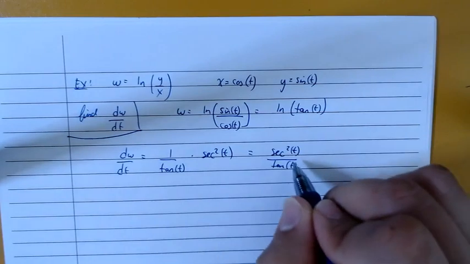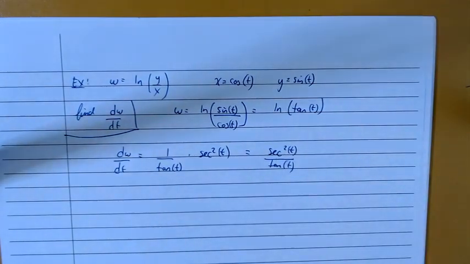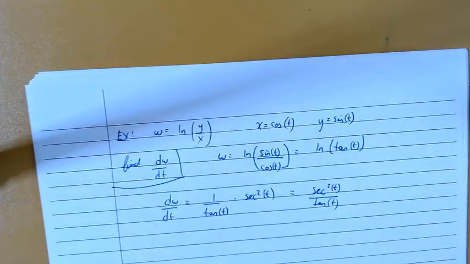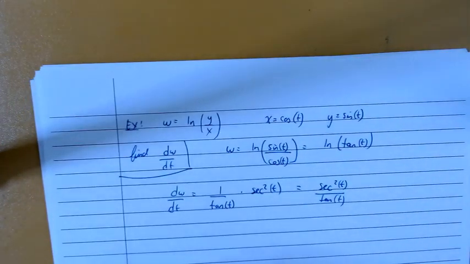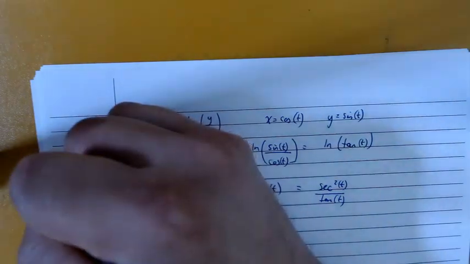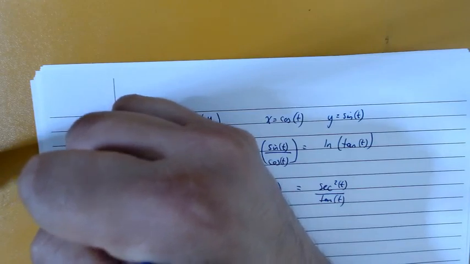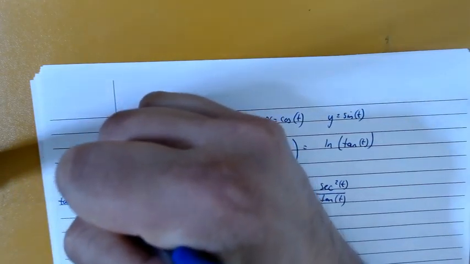Okay. Now, secant squared of t, that's one part of the Pythagorean identity. Remember, the Pythagorean identity is sine squared plus cosine squared of theta is equal to 1. An alternate version of that was tangent squared of theta plus 1 equals secant squared of theta.